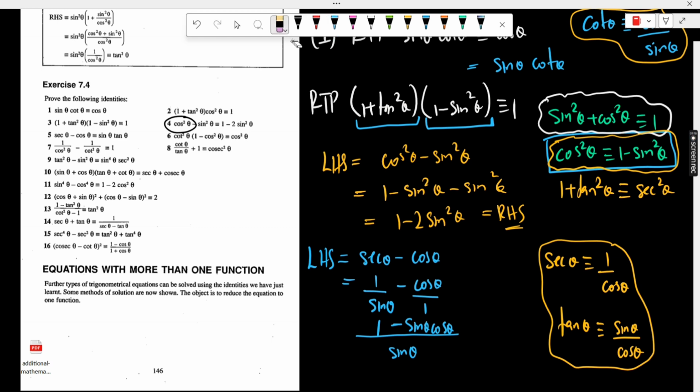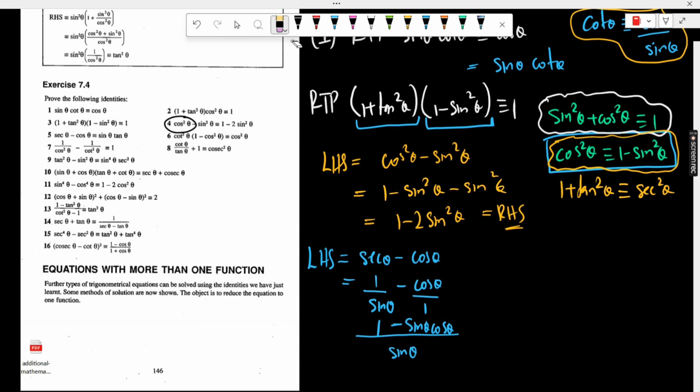Now for the right-hand side, I will use the fact that tan theta is equal to sine theta over cos theta. So my right-hand side, RHS, is equal to sine theta tan theta, which of course is equal to sine theta times sine theta over cos theta.